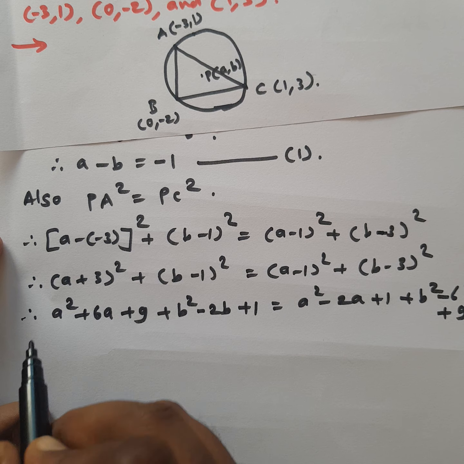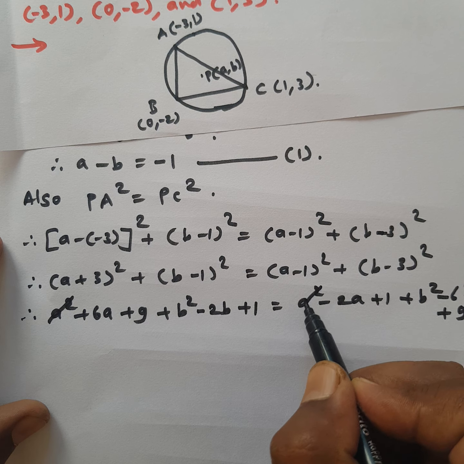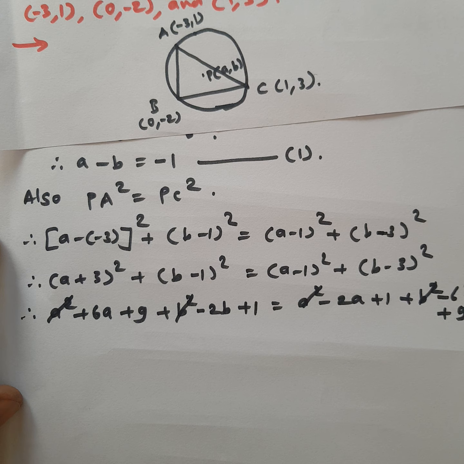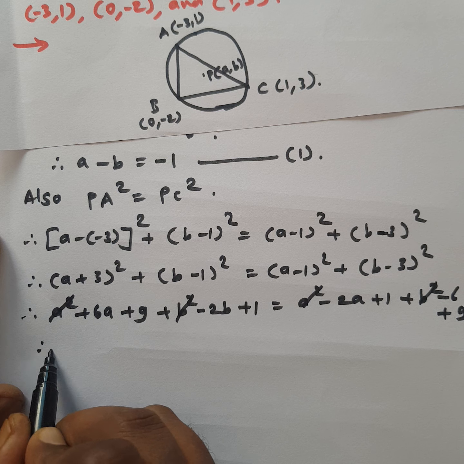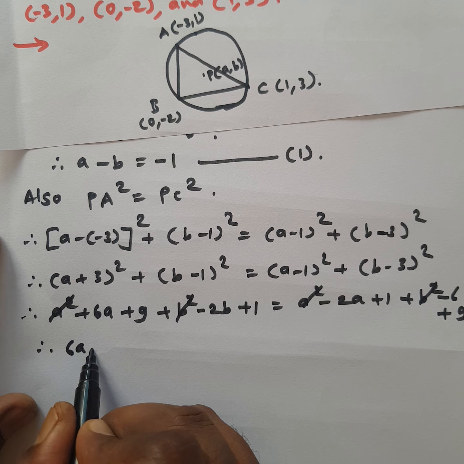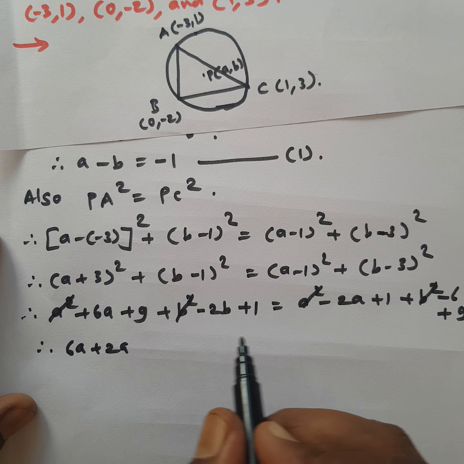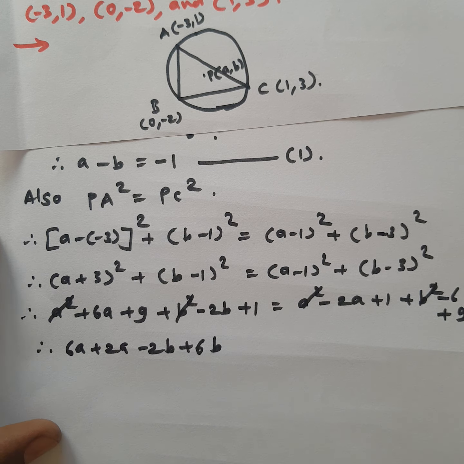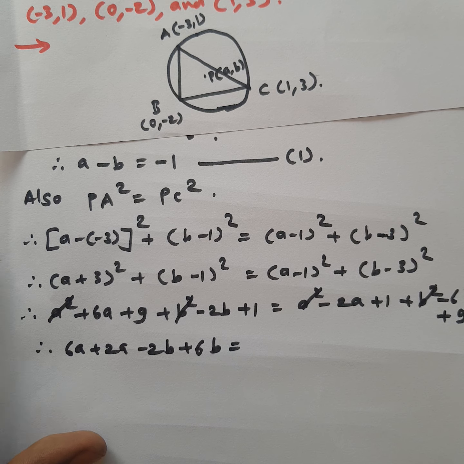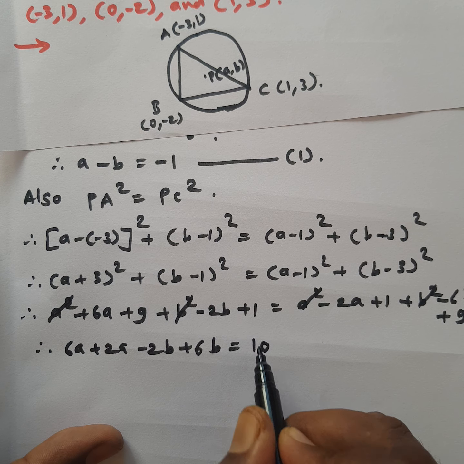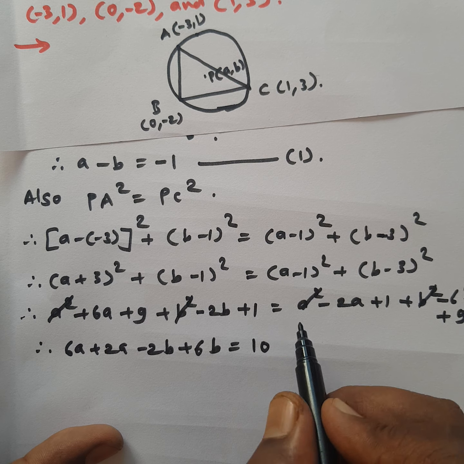Here a square cancels, b square cancels. Now 6a plus 2a, minus 2b plus 6b is equal to 1 plus 9, 10, and here 9 plus 1, 10.